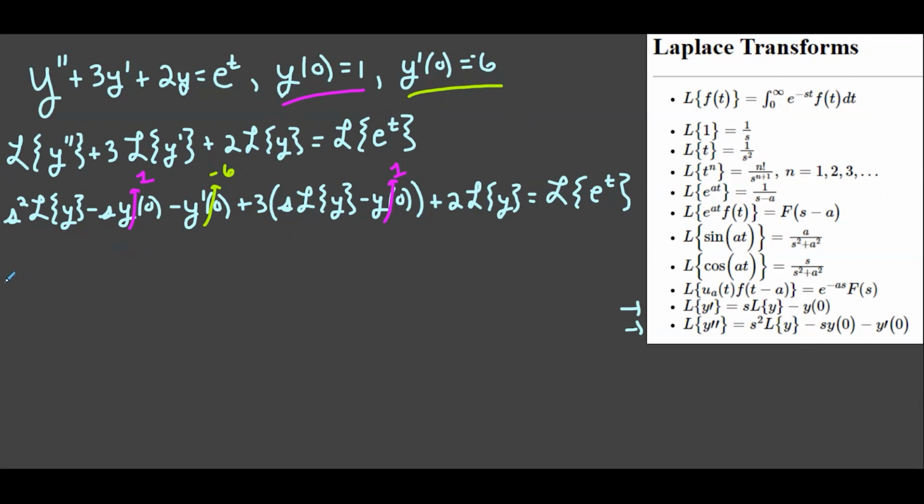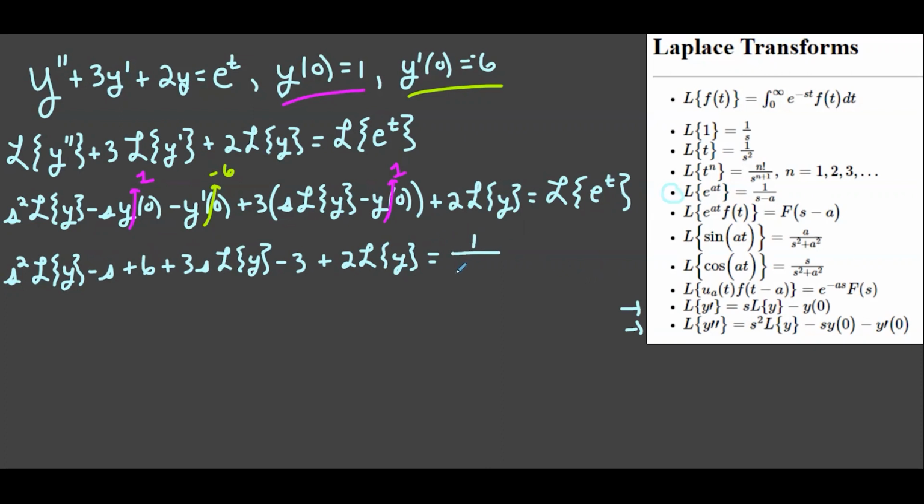I have s squared Laplace transform of y minus s plus 6 plus 3s Laplace transform of y minus 3 plus 2 Laplace transform of y equals, and we can take the Laplace transform of e to the t. We're using this formula. So it's going to be 1 over s minus 1.